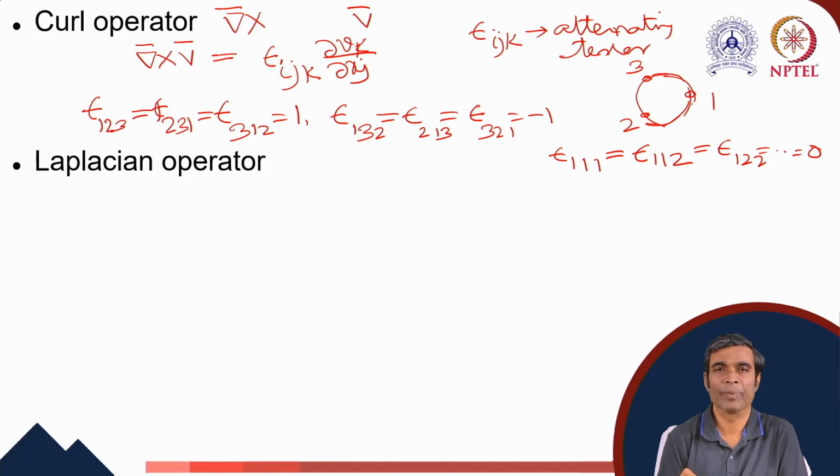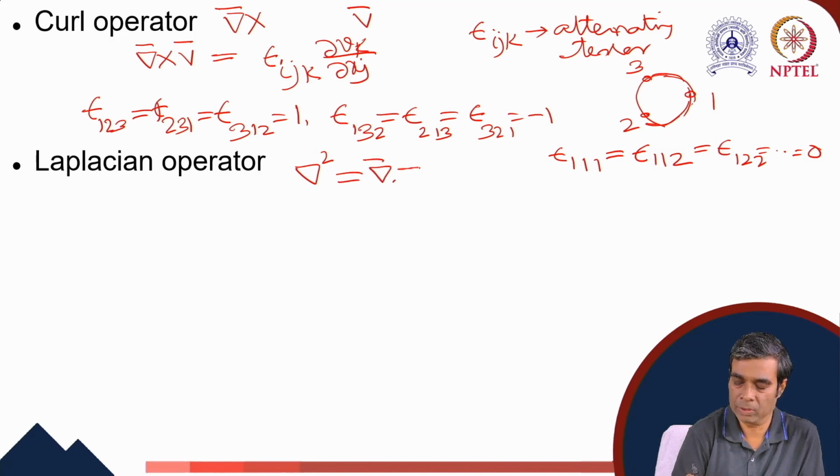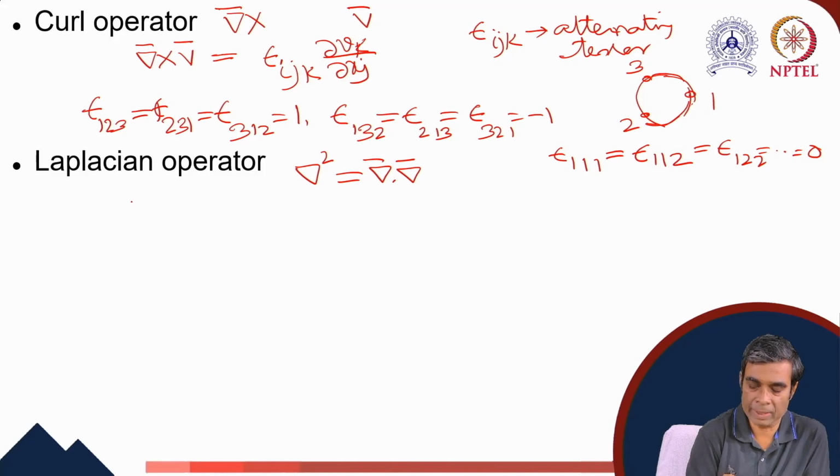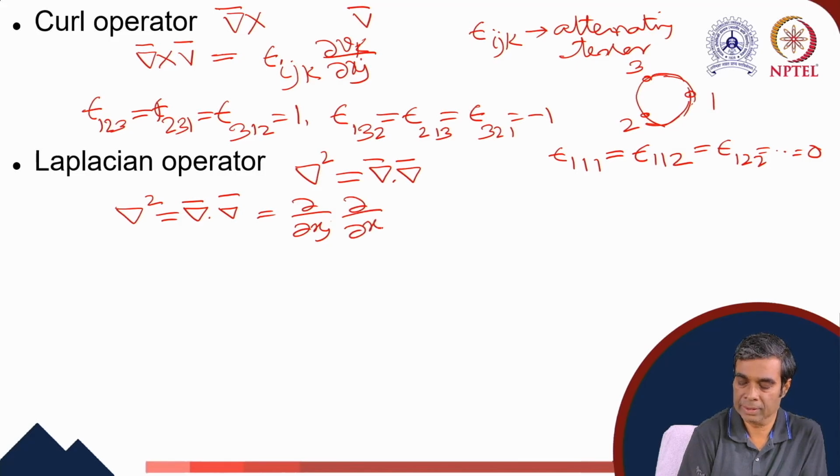Next we go for the Laplacian operator. The Laplacian operator, which is a scalar operator, is denoted by the symbol del square. This is obtained by taking inner product of the nabla operator with itself. So this Laplacian, we can represent as del square equals to del bar dot del bar equals to del del xj del del xj.